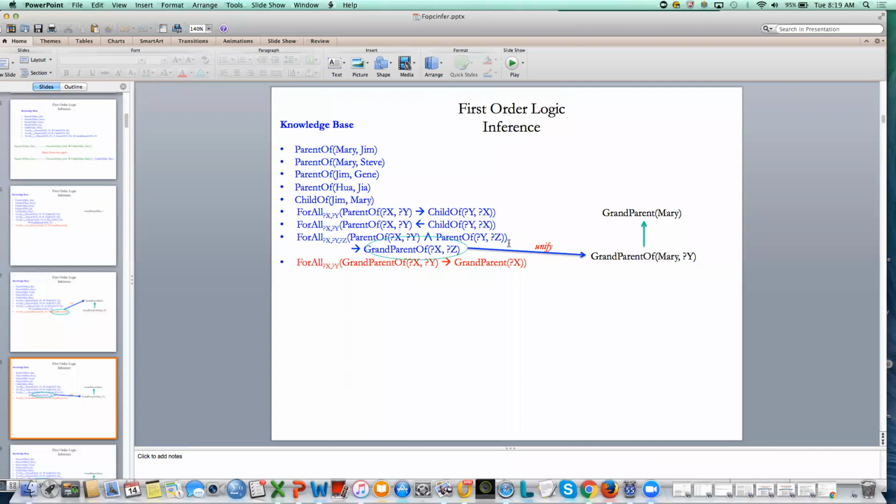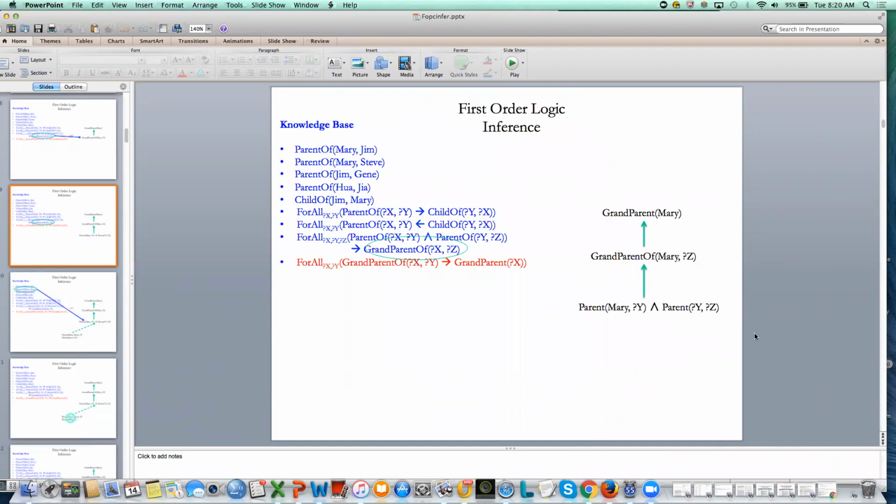In this case, this is important because what you'll see happens here is by binding Y to Z and binding X to Mary, I do that substitution for Y. It's important because you'll notice if you look at these various rules that variables named X and Y are repeated across these various rules. They're different variables, just like they would be in different functions of a program. They might have the same name, but they're different variables.